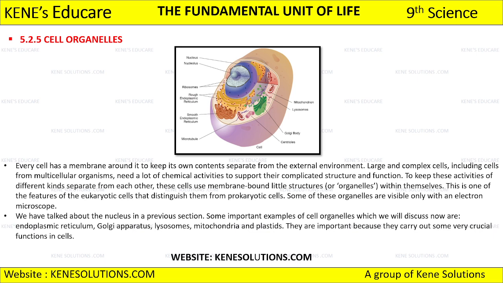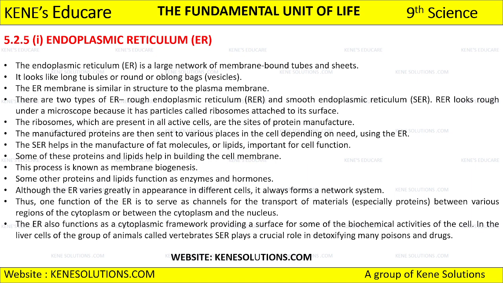You can see, you might have located the two types of endoplasmic reticulum over here. One is the smooth endoplasmic reticulum, which is brown in color, and the other one is the rough endoplasmic reticulum, which is yellow in color. The ER membrane is similar in structure to the plasma membrane. Now we know the plasma membrane is also called the cell membrane.